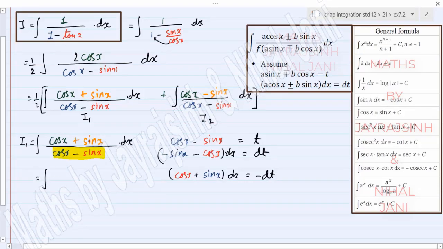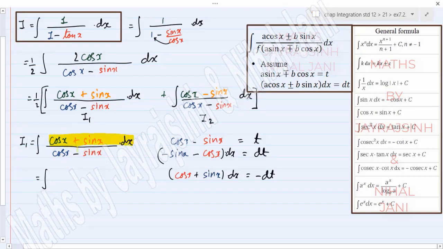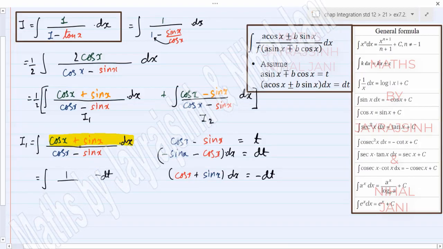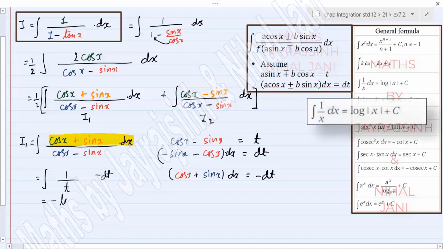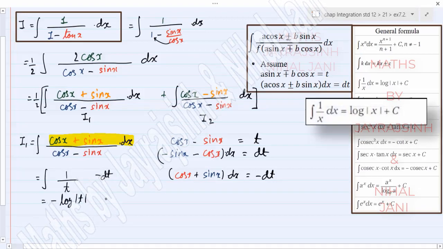So here we are ready to modify our integration. This cos x plus sin x dx will become your minus dt, and 1 upon cos x minus sin x is simply t. We don't have to worry about this negative sign. Just integrate 1 upon t as log mod t.